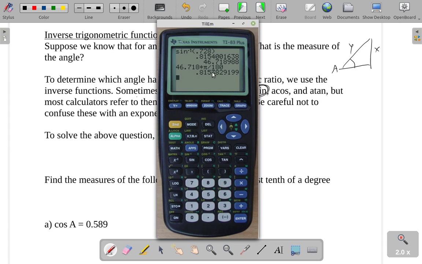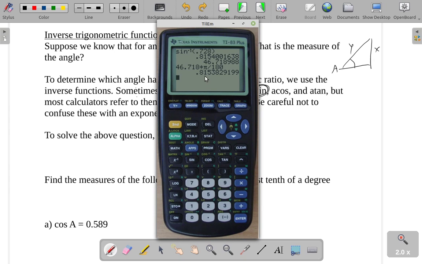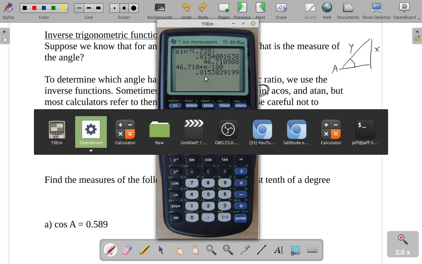It's not very accurate though, because I only went a few decimal places. In any case, you can see this gave me the same angle, but it gave me the measurement as radians. I actually wanted it as degrees, or I might have wanted it as degrees. I guess it doesn't specify here. Yeah, okay, so in this example it says give it to the nearest tenth of a degree. So you want to make sure your calculator is set in the correct mode.